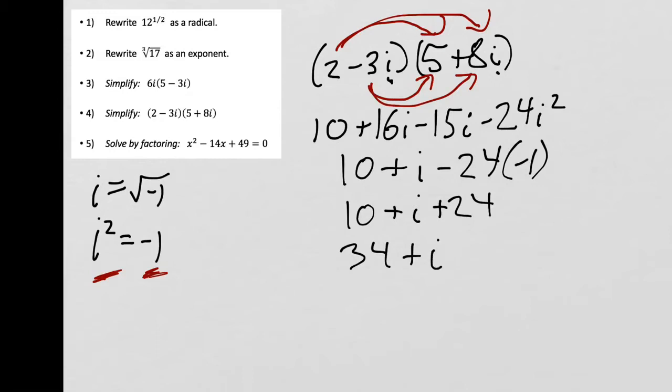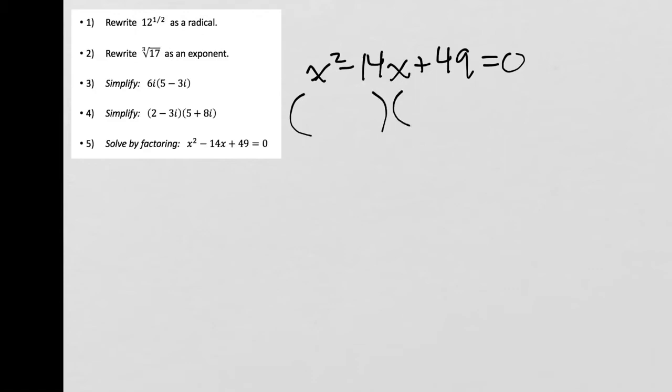Okay? And then the last thing we're going to do is we're going to solve x squared minus 14x plus 49 is equal to 0. We're going to solve that by factoring. And when I factor a trinomial, I end up opening my two parentheses, setting this equal to 0.